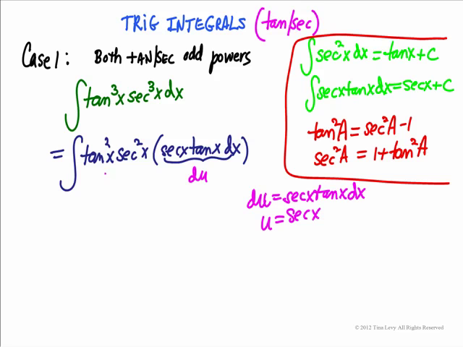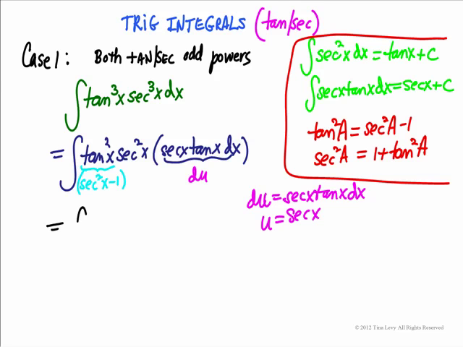That means I will change the tangent squared here. Everything has to be made secant. Tangent squared will be replaced with secant squared x minus 1.